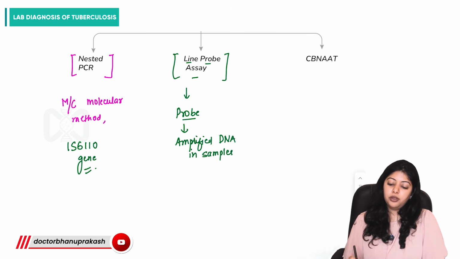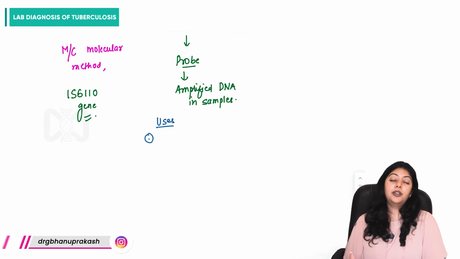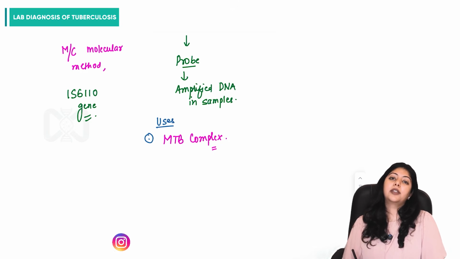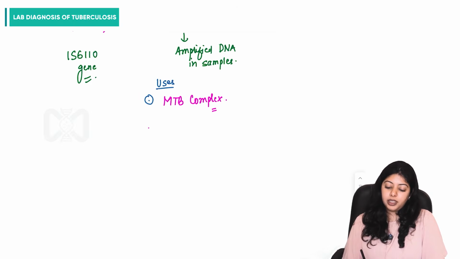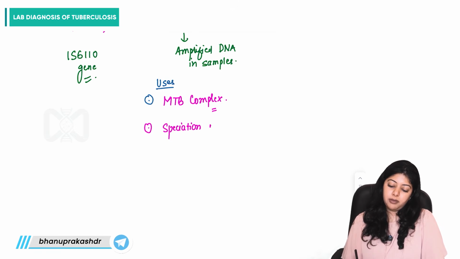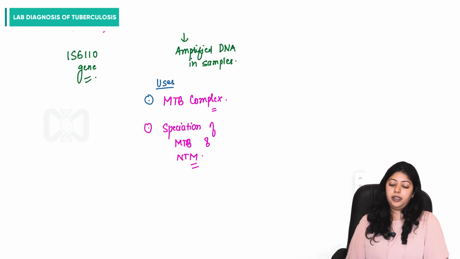What are the benefits and uses of the line probe assay? Firstly, this test is used to detect the Mycobacterium tuberculosis complex, the MTB complex. Not just detection of the MTB complex, they also speciate Mycobacterium tuberculosis and non-tubercular mycobacteria, right?